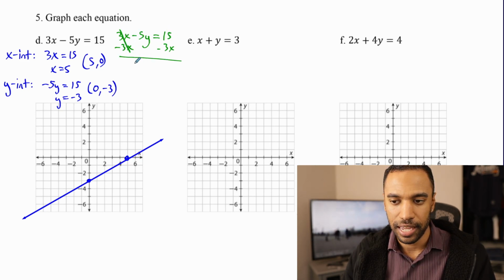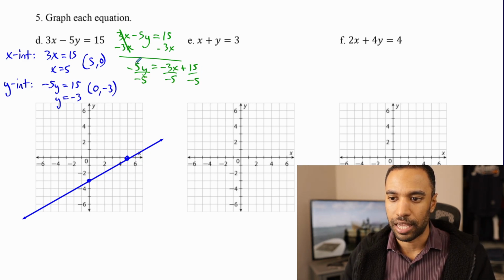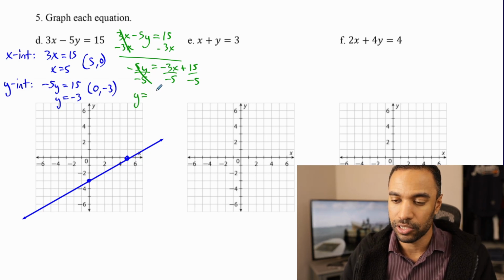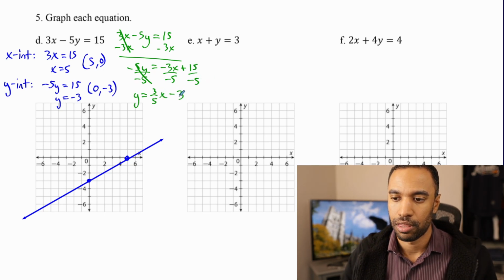I'm going to get, don't forget the negative, negative 5y equals negative 3x plus 15. Now if I divide both sides by negative 5, I'm going to get positive y equals positive 3/5 x. Negative divided by negative is a positive. 15 divided by negative 5 is negative 3, so minus 3.